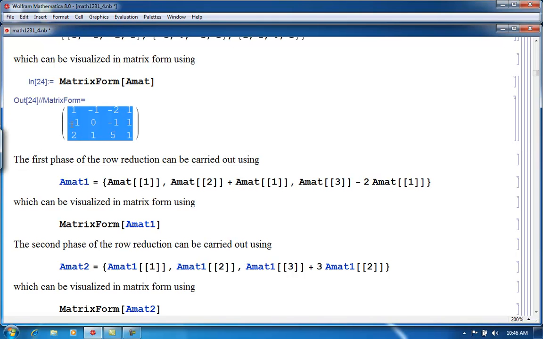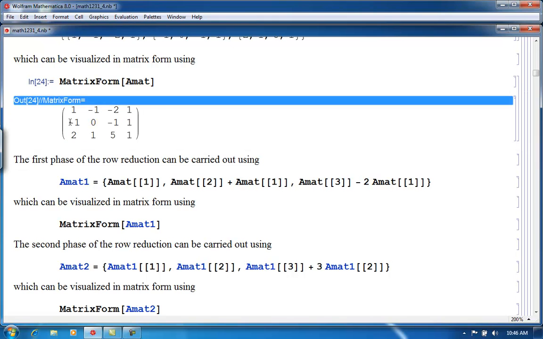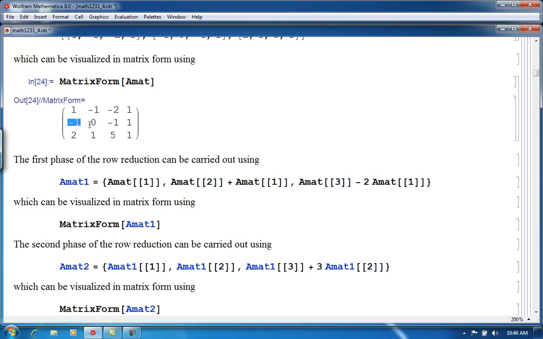We want to do row reduction on that, and we want to do it quasi-manually, so we can see that we want to get zeros here and here. So we add the first row to the second row and subtract twice the first row from the third row. We do that by forming a new augmented matrix whose first row is the same as this one, whose second row is the sum of the second and the first row, and whose third row is the current third row minus twice the first row.